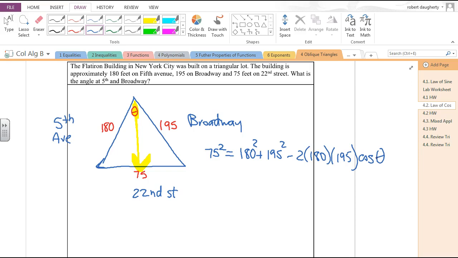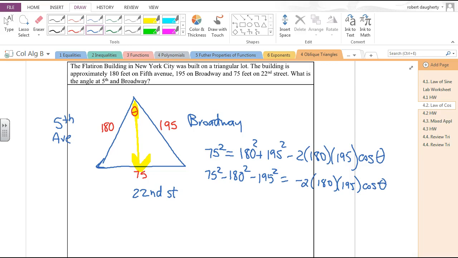So I'm going to have 75 squared minus 180 squared minus 195 squared equal negative 2 times 180 times 195 cosine theta. I'm doing more writing than anything here. There's not a lot of thought going on at this process.